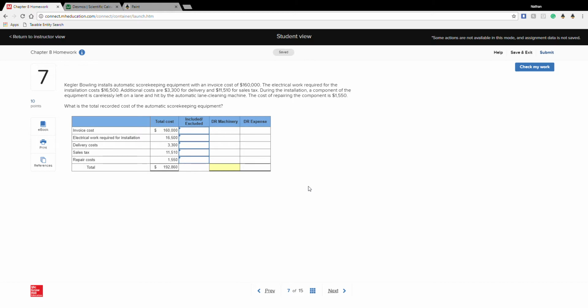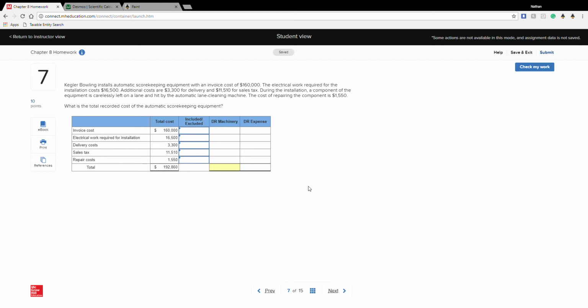During the installation, a component of the equipment is carelessly left on the lane and was hit by the automatic lane cleaning machine. The cost of repairing the component is $1,550. I want you to say what is the total recording cost of the automatic scorekeeping equipment.